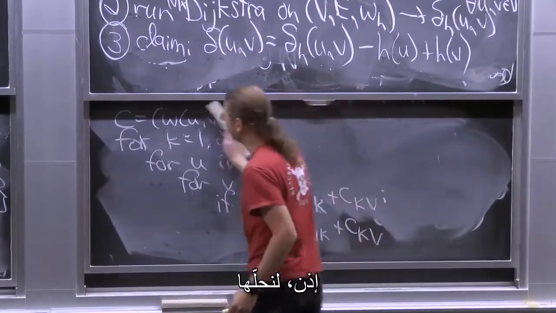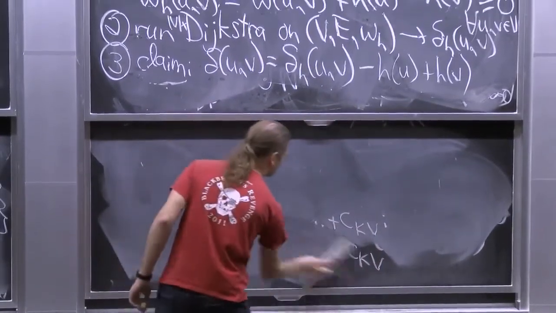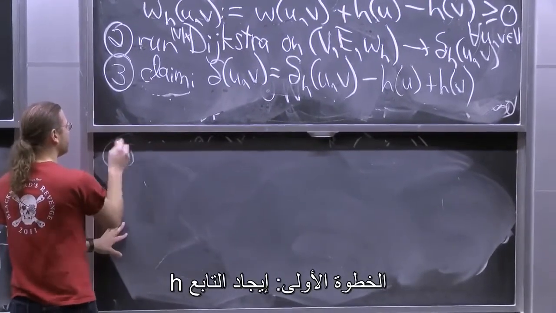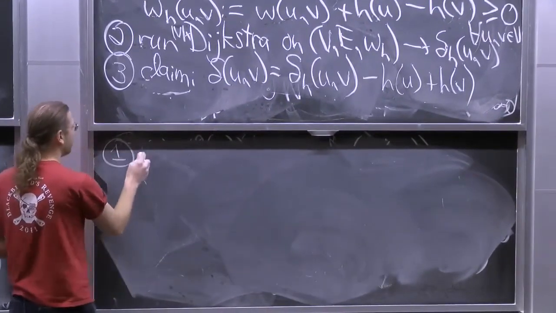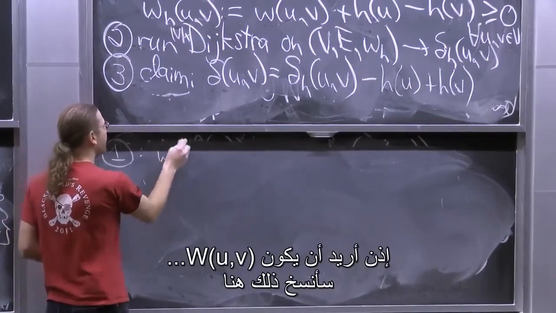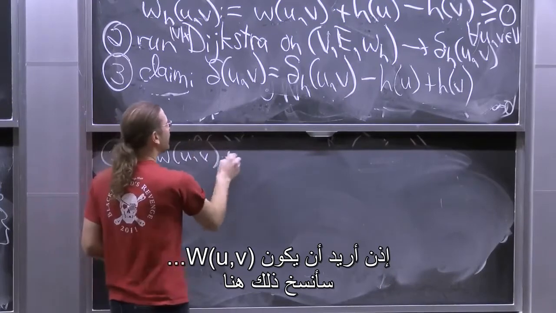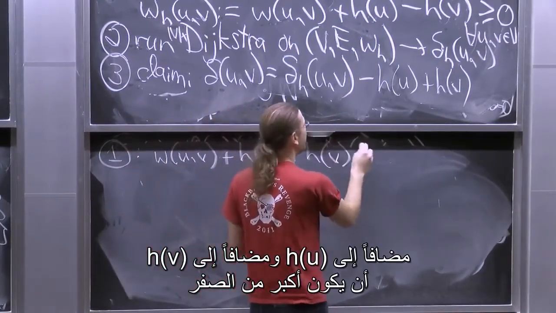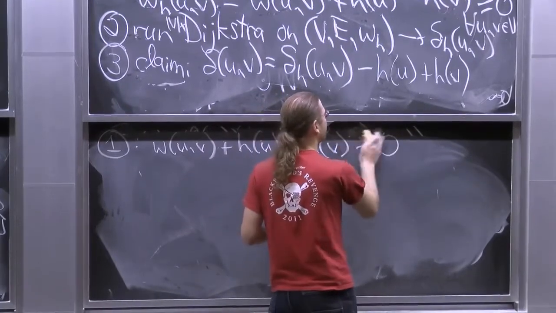So let's do it. Step 1, finding h. What I want to do is I want to have w of uv, let me just copy that down, plus h of u minus h of v to be greater or equal to 0.